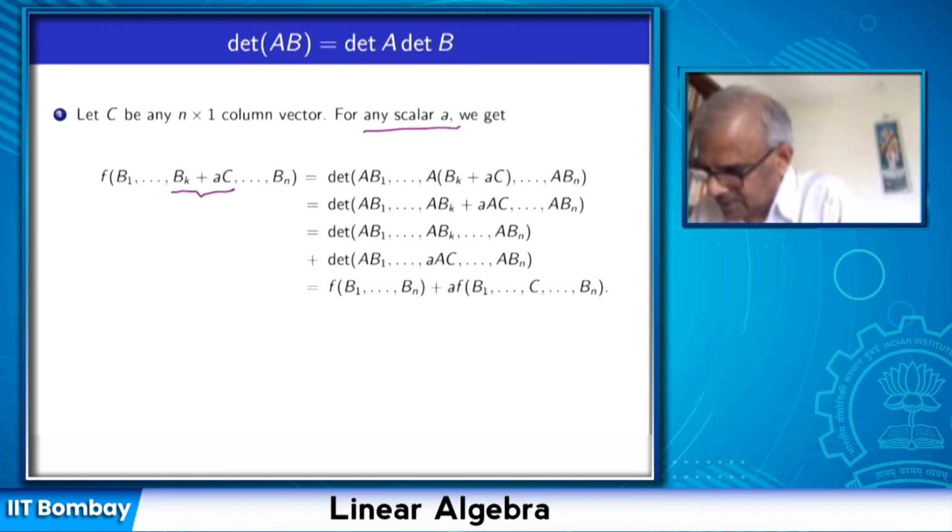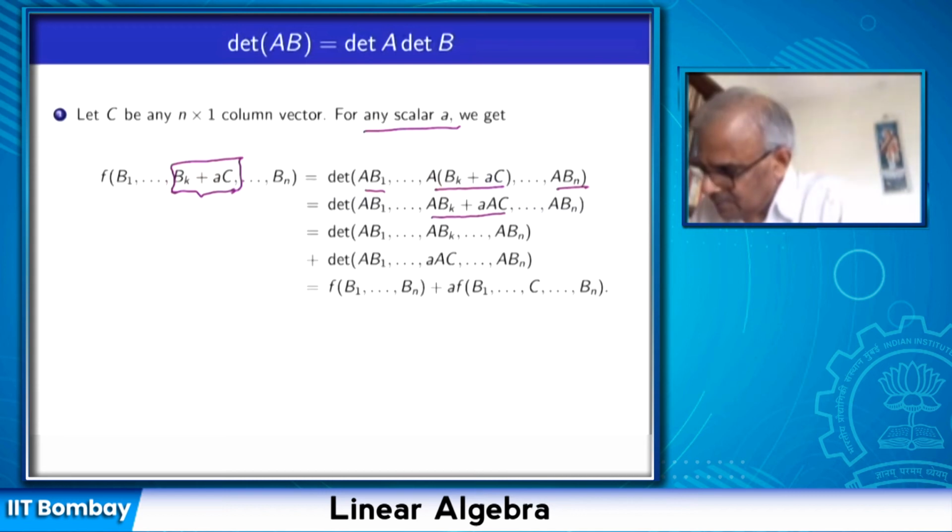So here is my matrix. In the matrix B, I am replacing the kth column by Bk plus aC. By the definition of F, that is the determinant of AB1, A times Bk plus aC, ABn. Now, A times Bk plus aC, by properties of matrix multiplication, is this column vector.